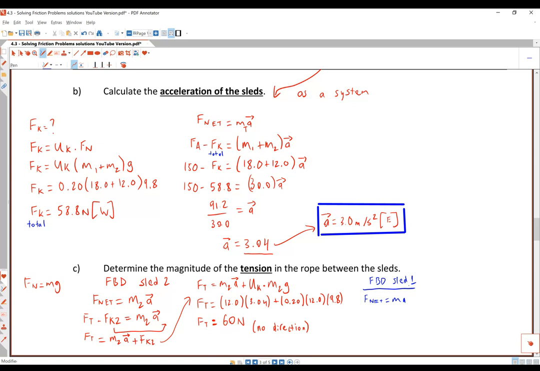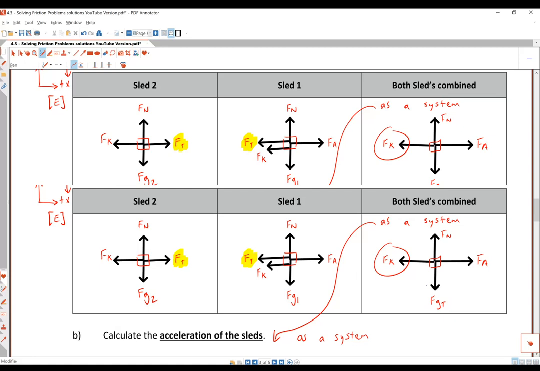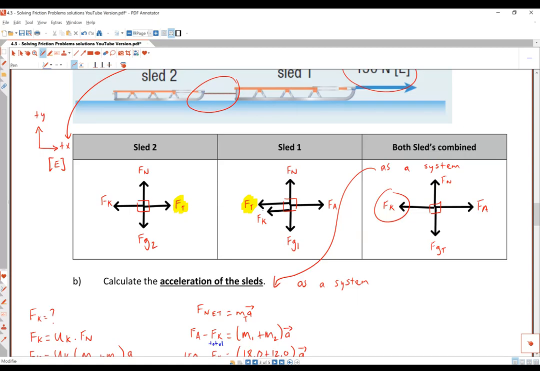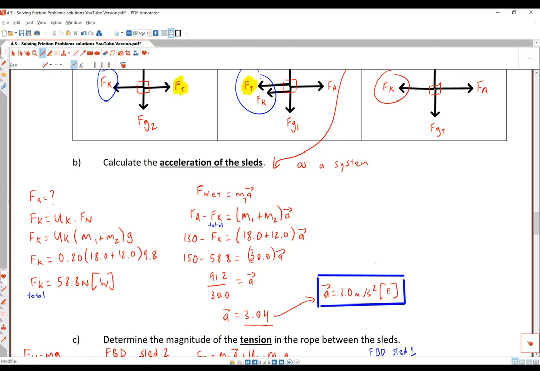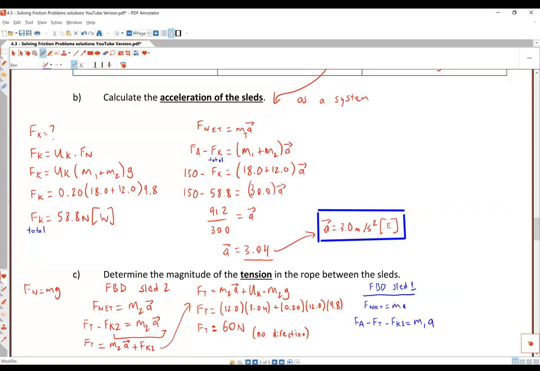Our net force for sled 1 is F applied, which is to the right, minus our tension force minus our kinetic friction of 1, which is equal to mass of sled 1 times the acceleration. So we can see over here there are now two additional forces that we have to account for, versus on sled 2 there was only one force going backwards. So over here we have to account for both of the forces.